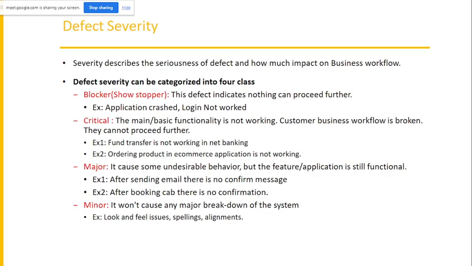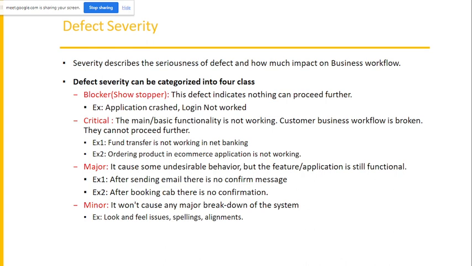Critical. Okay, Pooja. First example, you tell me. Fund transfer is not working in net banking. Tell me, Pooja, is fund transfer a main functionality in a banking application? Yes, sir. Okay. Example 2, can you read out? Ordering product in e-commerce application is not working. Amazon, you know, Amazon is an e-commerce application, my dear Pooja.